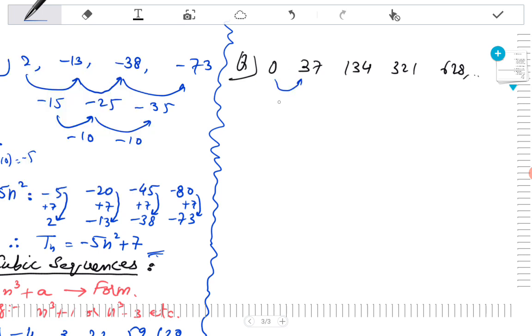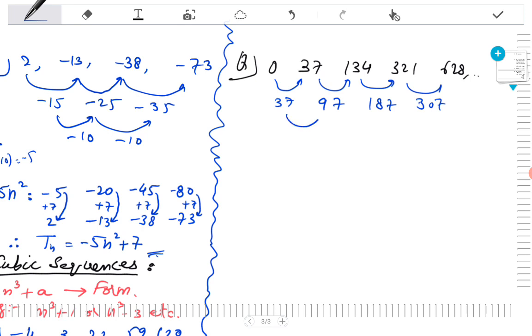If we check the differences, this is 37, and then 97, and then 187, and then 307.